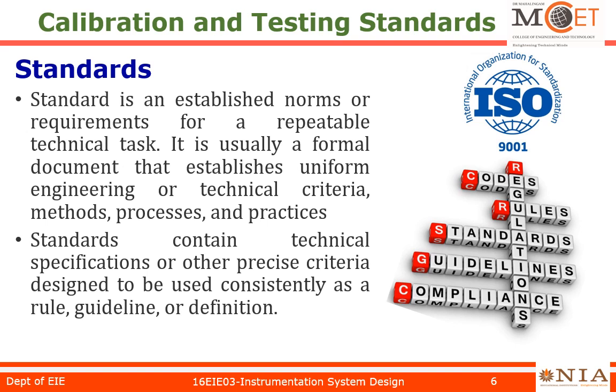The fundamental units, as you may know, are length, mass, time, and light intensity. For example, to measure length, the unit is meter and the symbol is small m. To measure mass, the unit is kilogram and the symbol is kg.